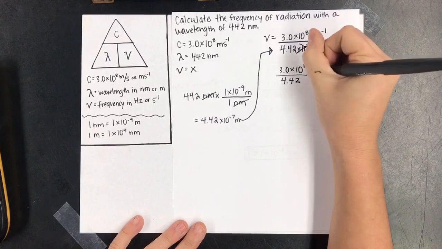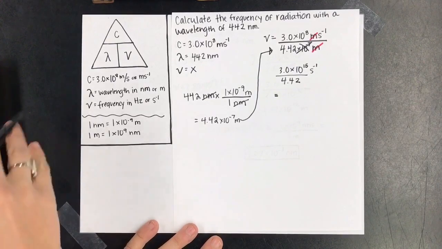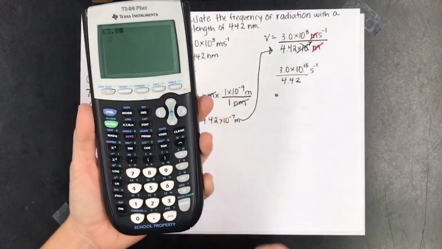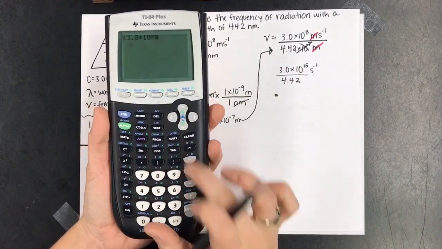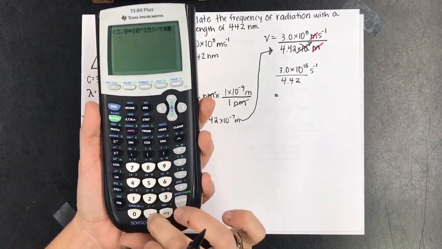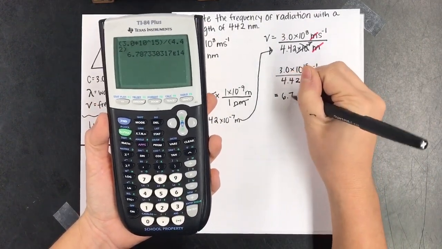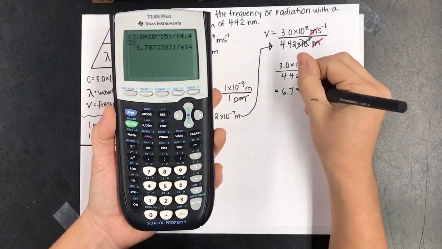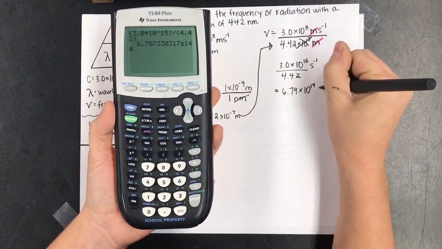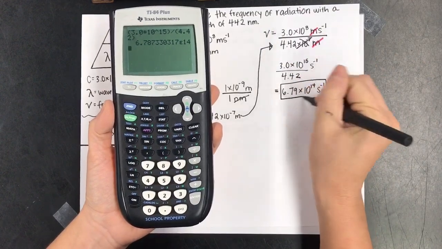When I divide this out, one round to the seconds, this becomes a 9. Make sure you don't forget this. There you go.